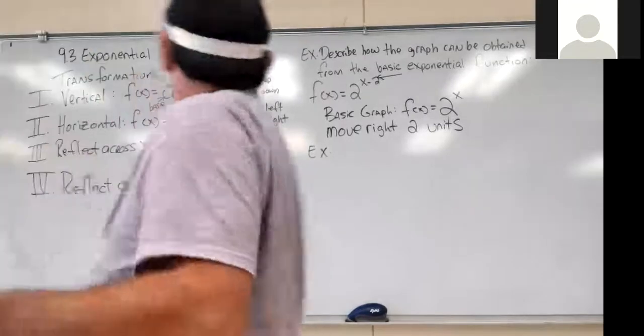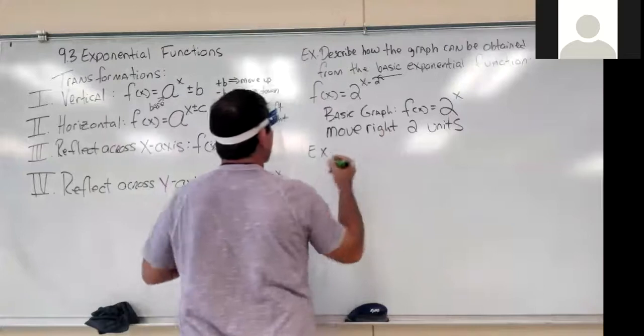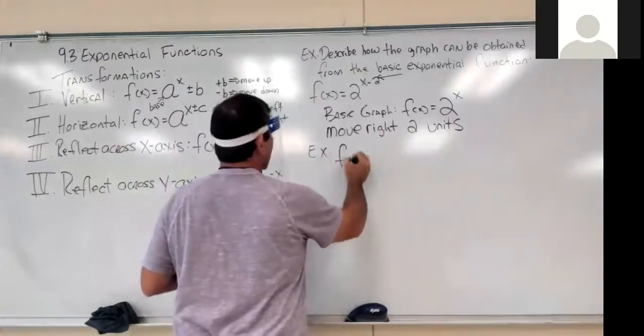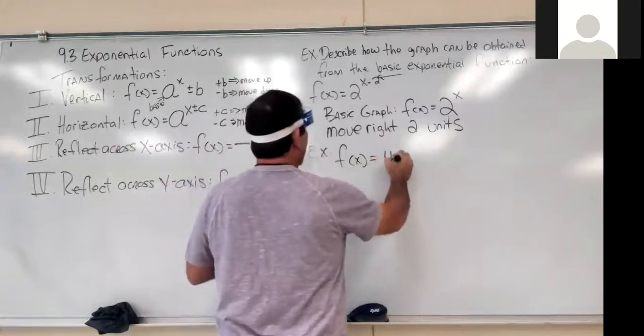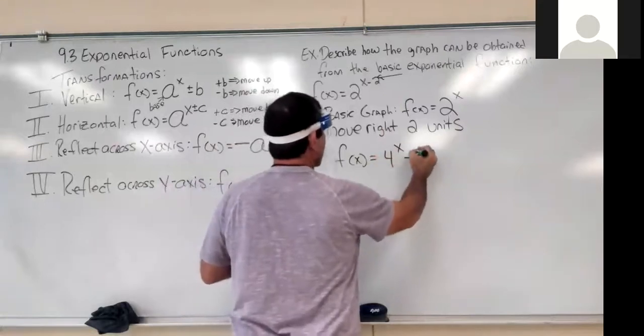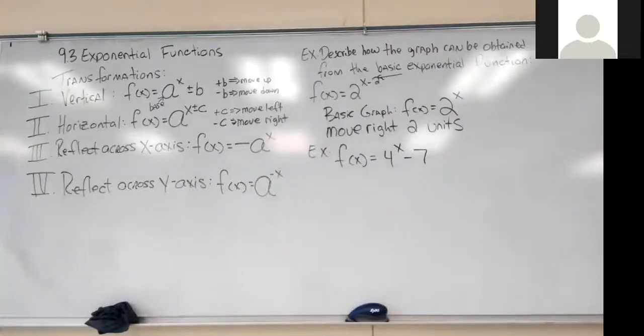All right, so the next one we're going to look at is f of x equals 4 to the x minus 7. So we're going to go in and tell our basic graph.